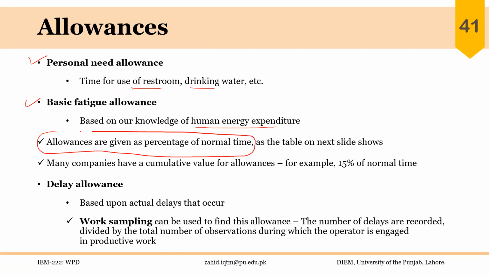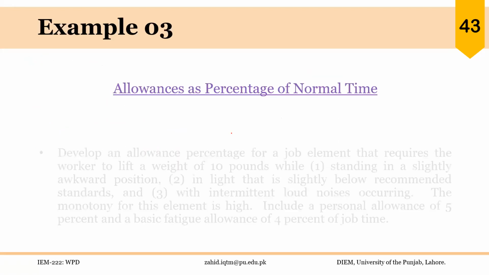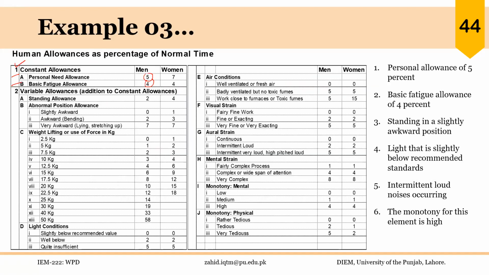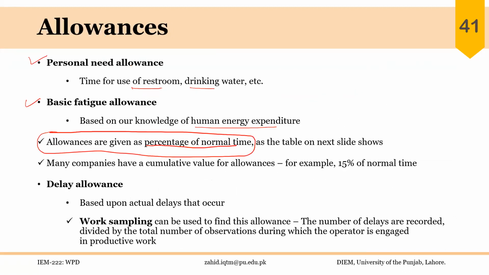So that is very important, that allowances are used as a percentage of normal time. For example, this 5% is 5% of normal time. This 4% is 4% of normal time and so on. So this is important to be kept in mind.